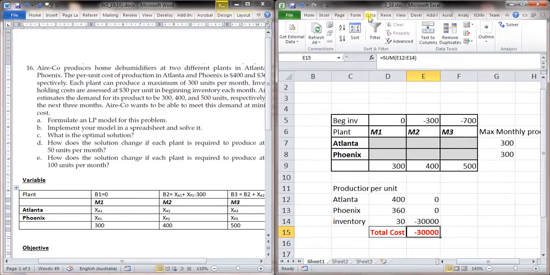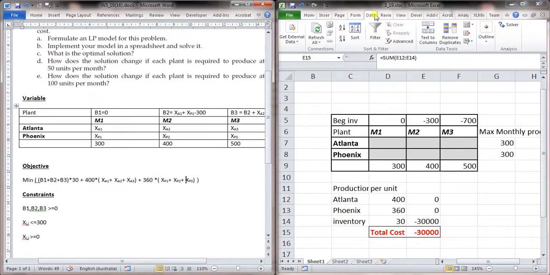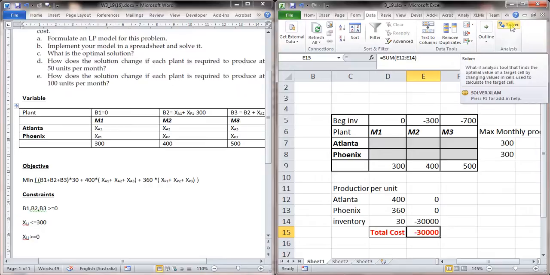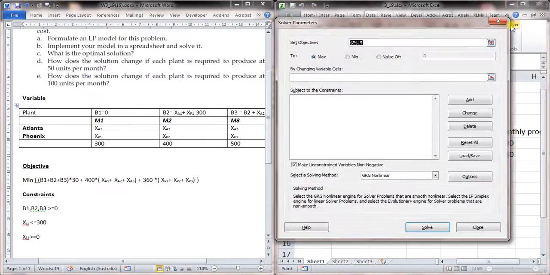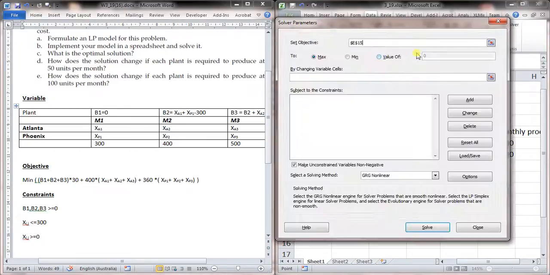Now we'll go to the data and go to the solver. We have to minimize the objective, so the objective is this, and we have to minimize this.